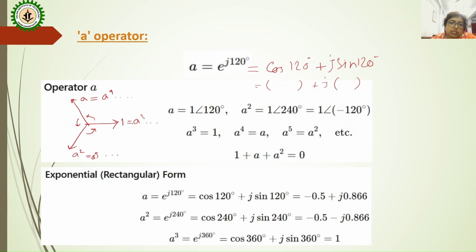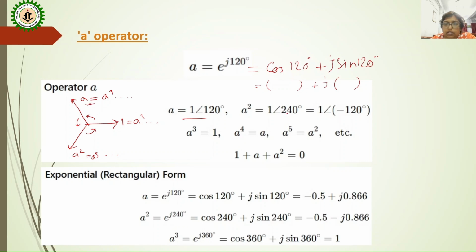So 1 means A to the power 3. Okay, A square and A to the power 5, those are same. Okay, similarly A means and A to the power 4 means same. Okay, so this is also written here. So A means 120 degree angle positive shifting with magnitude 1. So this position.